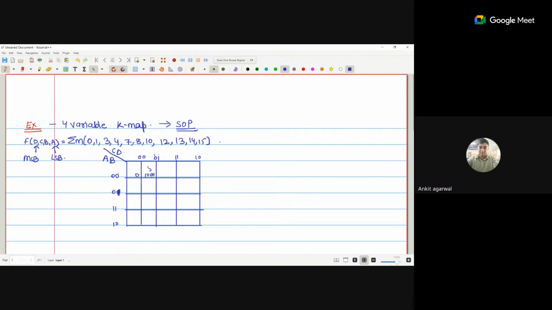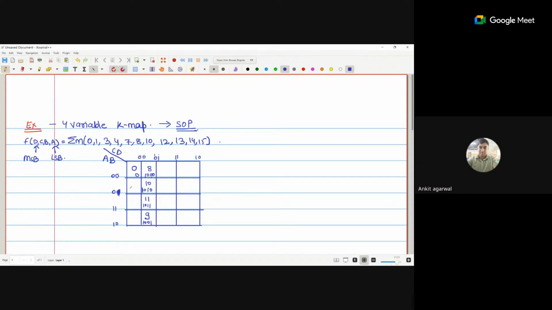So that means the number is 8. For this one, D 1, C 0, B 1, A 0, 10. D 1, 0 1 1, 11. And this one 1 0 0 1, 9.